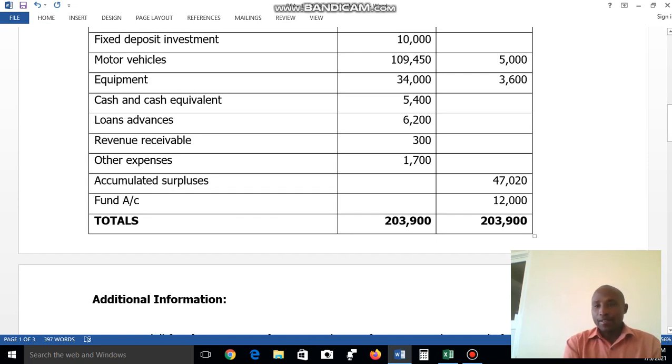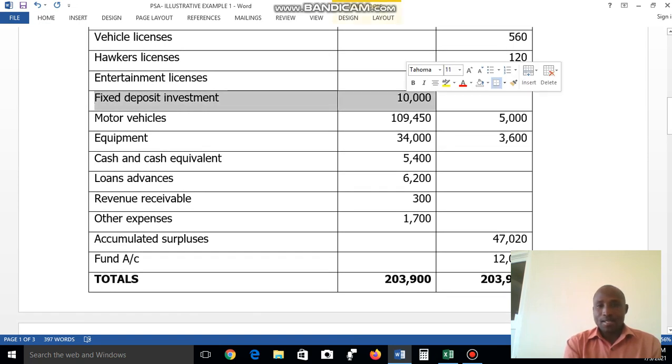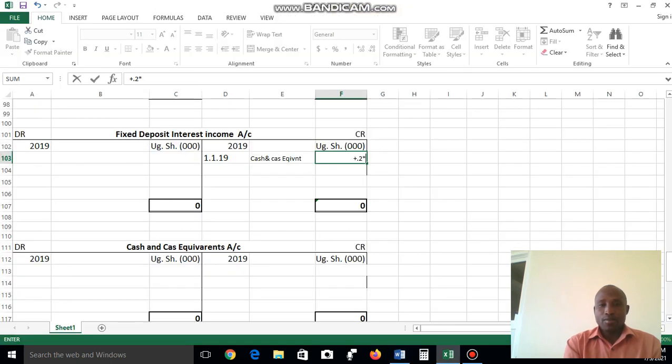This is a fixed deposit investment worth 10 million. So we shall multiply by 10 million. So this is our 2 million realized from this very investment.